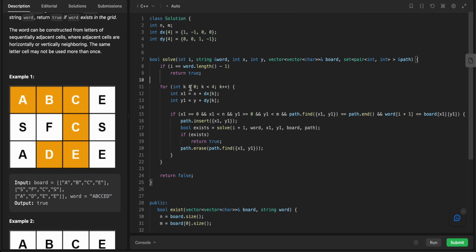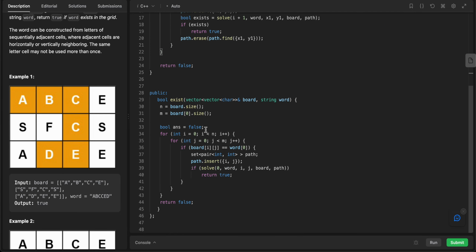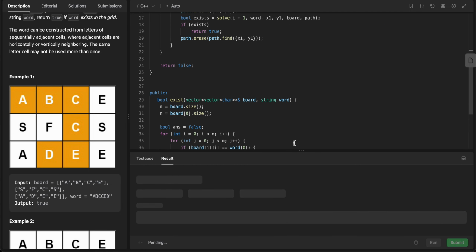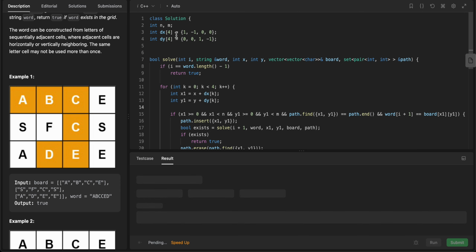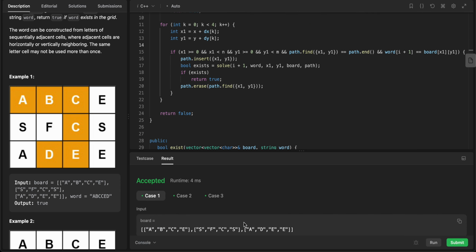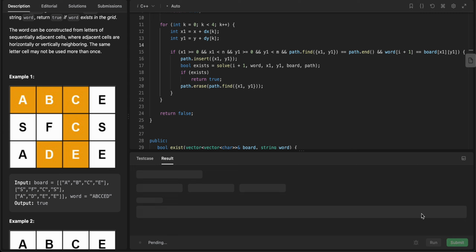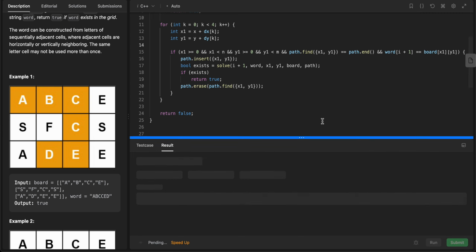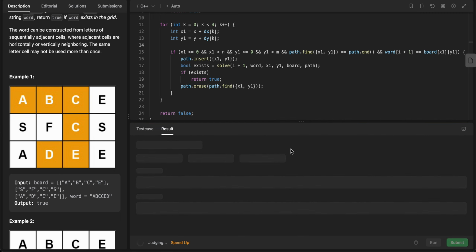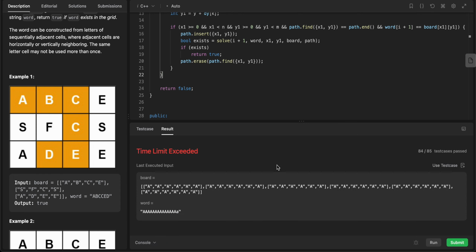Okay. Let's try. Okay, working. TLE 84, 85.